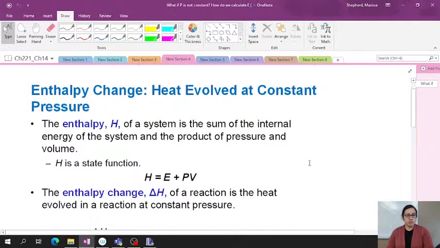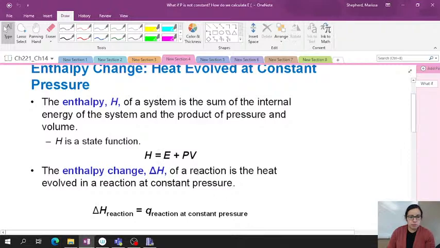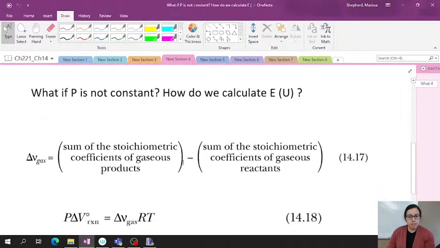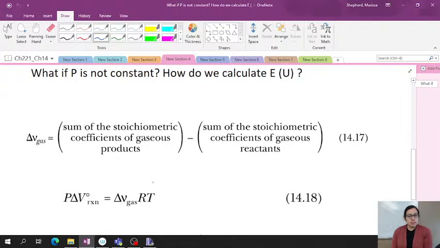So enthalpy change, we mentioned, again, this is heat evolved at constant pressure. This is just repeating, so heat is a state function. And so if P is not constant, how do we calculate our energy? And so this means we get this little equation here.